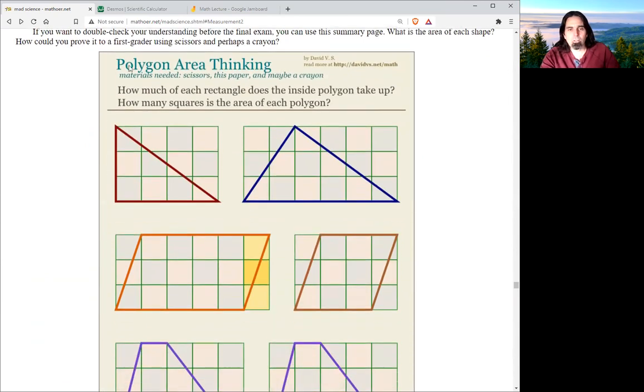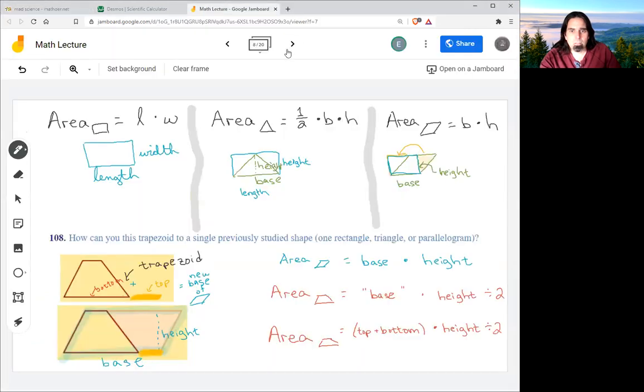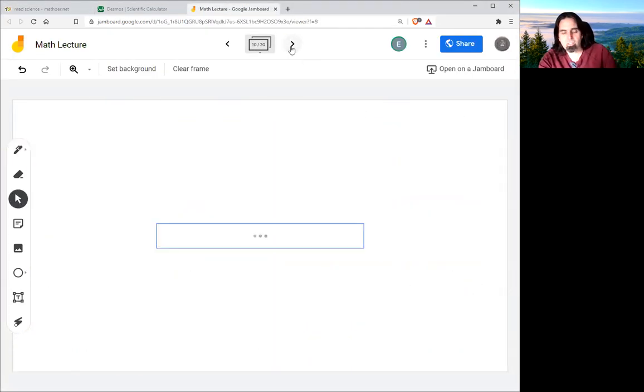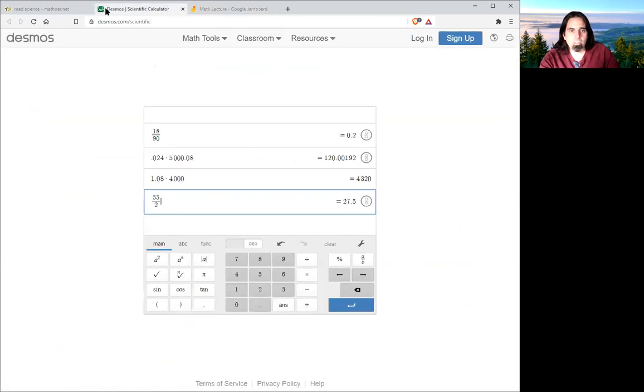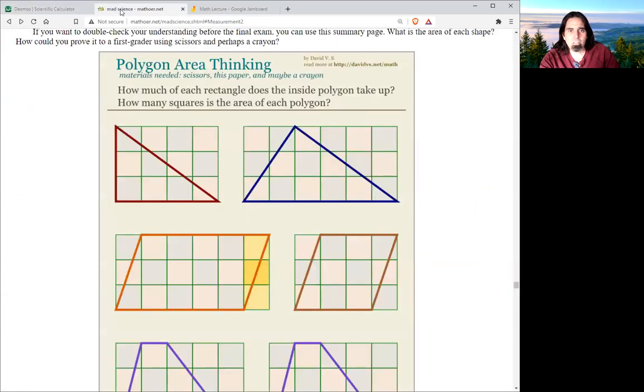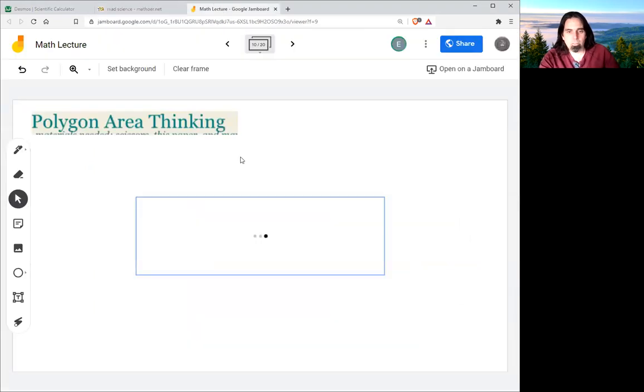What we didn't get to do a lot of was this kind of, do we really understand it thing? So this would be a handout if we were in class together, but it's not. So let's just do them on the board, even though it's more fun to cut them out.